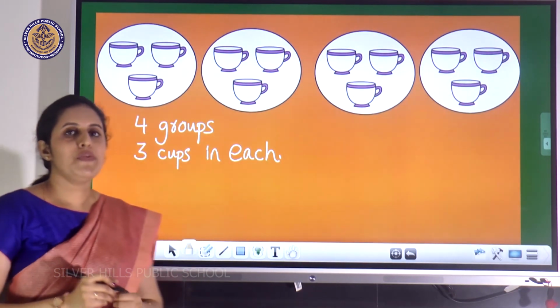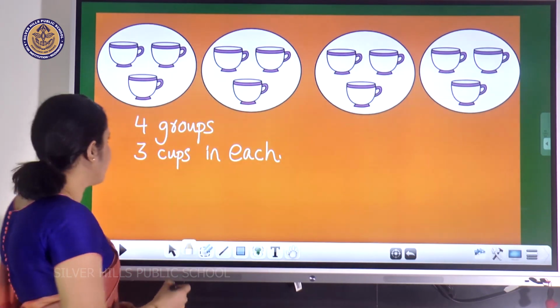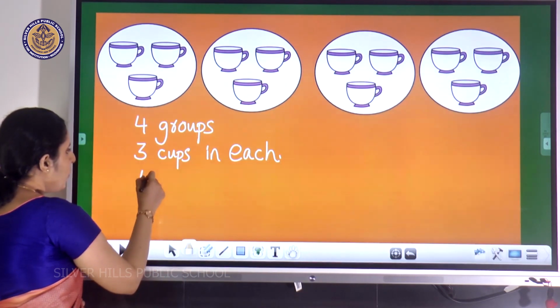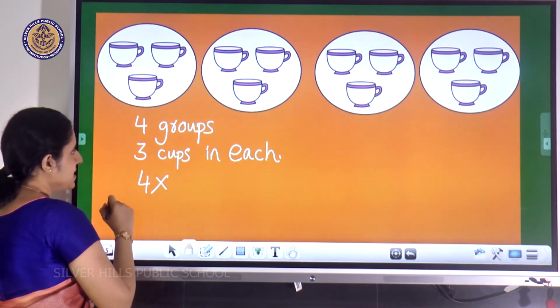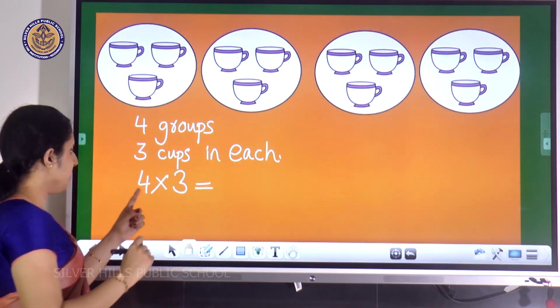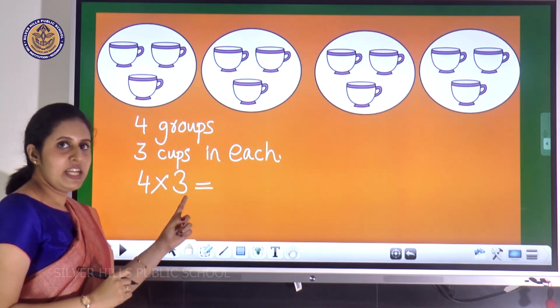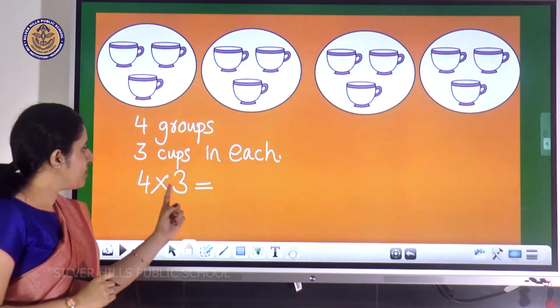Now, how do we frame the multiplication sentence here? Yes. 4 times 3, because 4 groups are there. In each group there are 3. So you write 4 times 3.